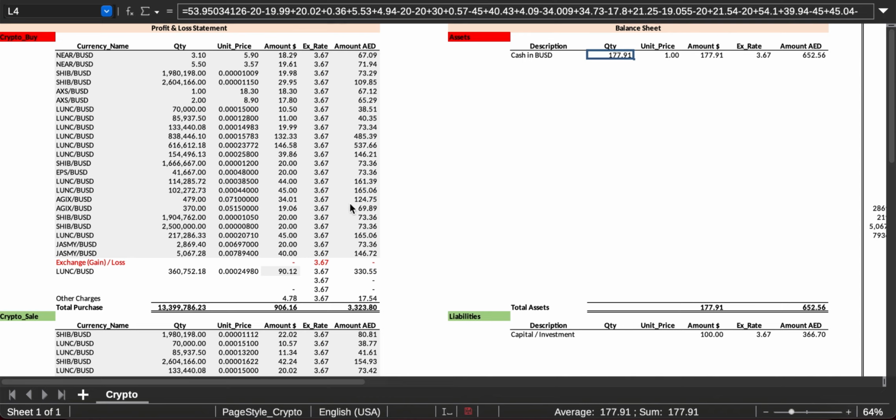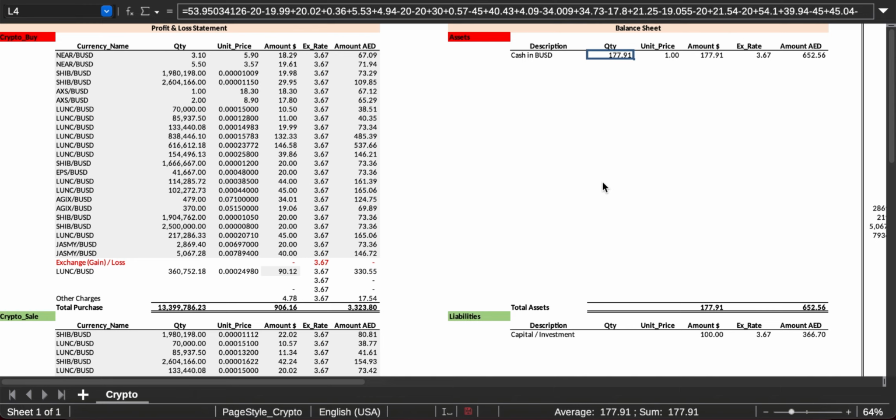After many transactions, now we have 177.91 BUSD in our hand. Now if you want to withdraw from here, we can withdraw all the BUSD from our cryptocurrency, or a partial amount.